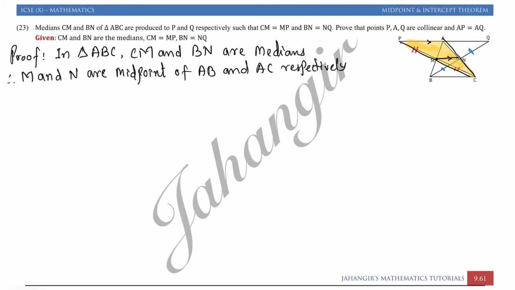So we can write it down that in triangle PAC, or CAP, you can write anything, M is the midpoint of PC, that is CP. It is because it was given.